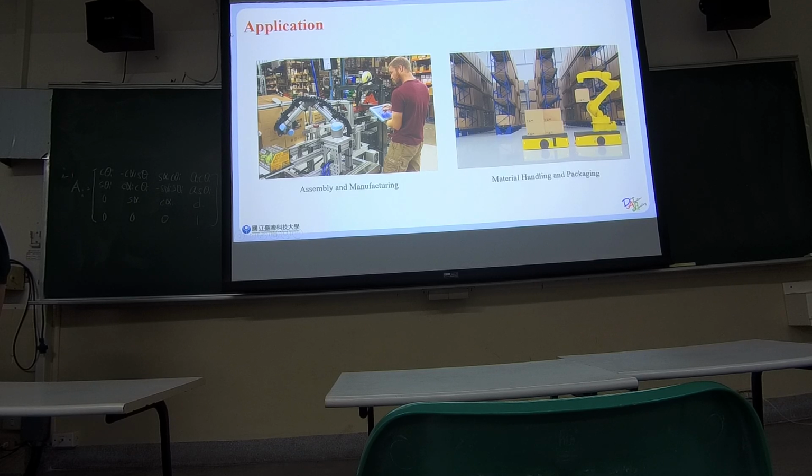Next, let's discuss the cobot's application in material handling and packaging. The focus in this area is on improving the flexibility of handling operations, reducing repetitive tasks for workers, and ensuring the efficiency and safety of the entire packaging process.